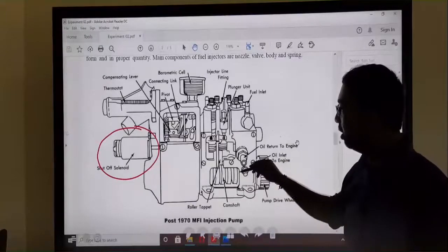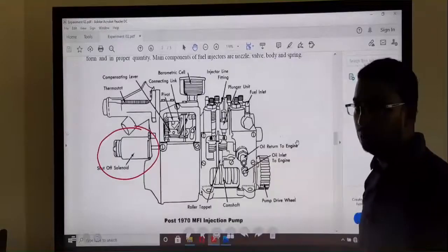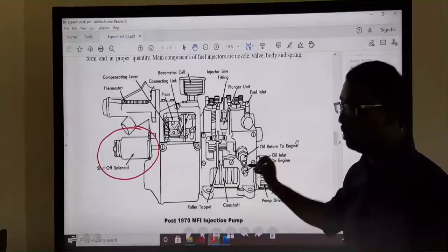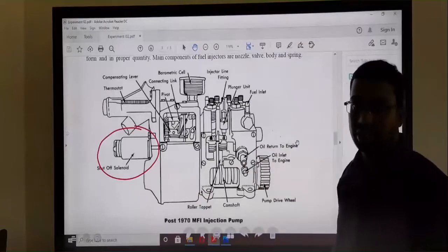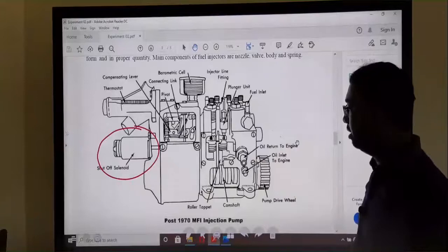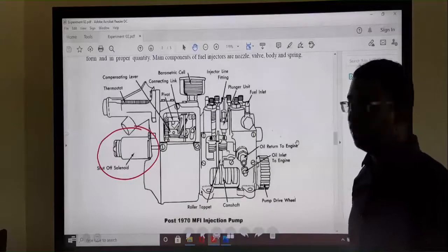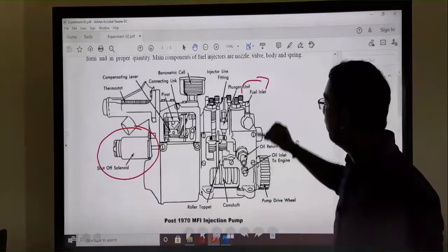When the camshaft rotates, it gives fuel to the injector. So if you move the vehicle without starting the engine, what will happen? At that time also the camshaft rotates. There is no working condition of the engine at that time, but the fuel is supplied by this pump.